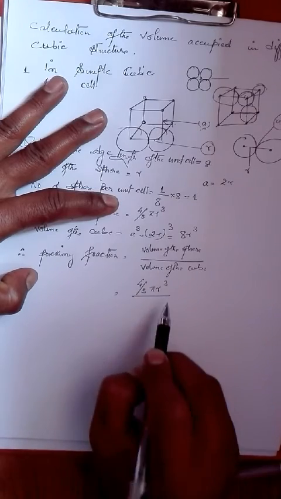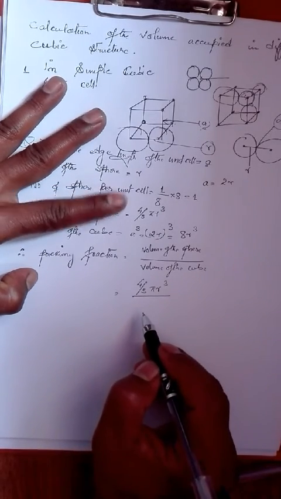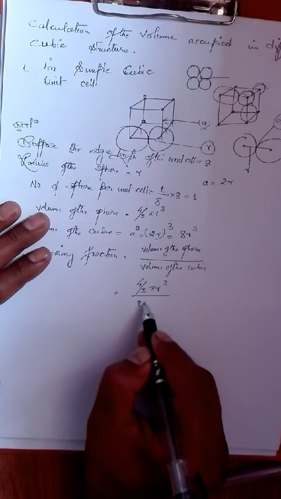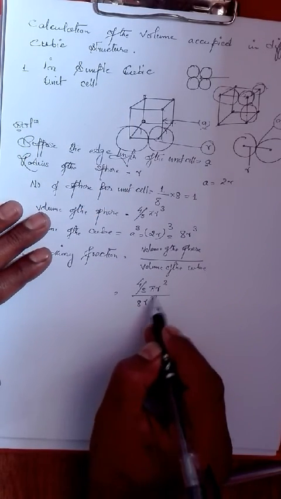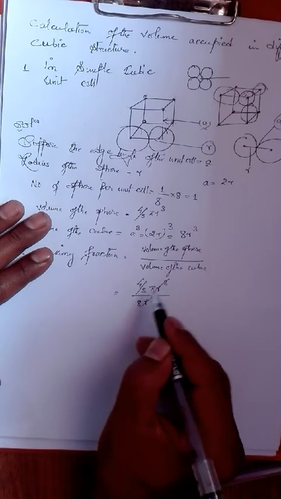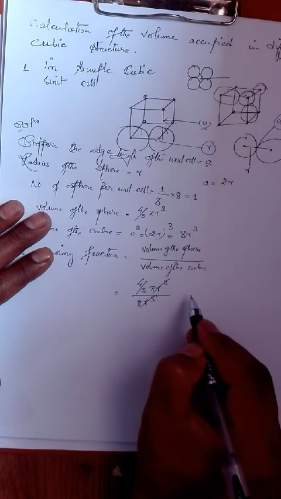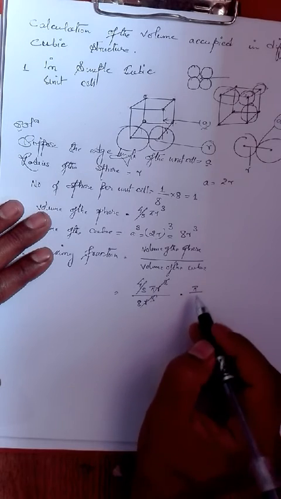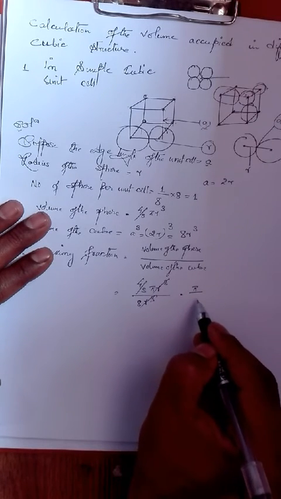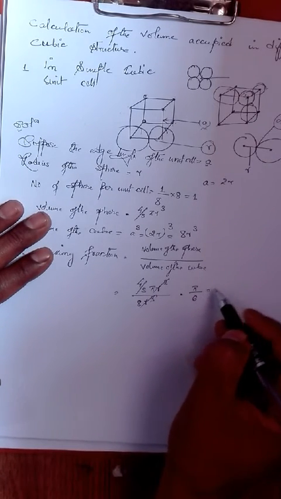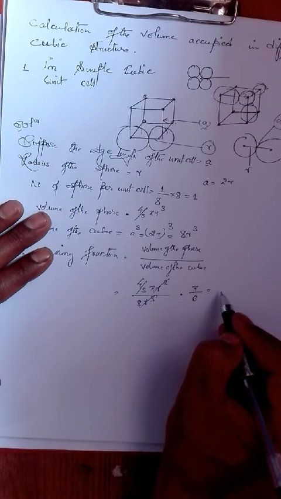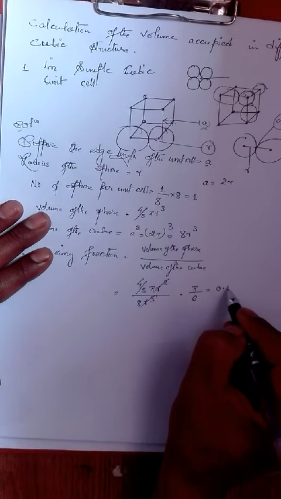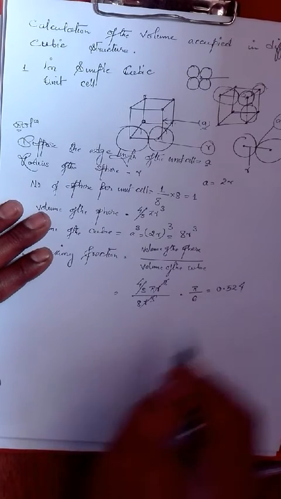Volume of the cube, in this simple cubic, is 8 r cube. So you cancel this one and this one, and finally you will have pi by 6, which is equal to 0.524.